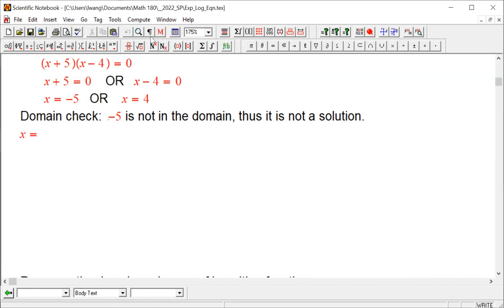But just because it's in the domain, it doesn't mean it is going to make the equation true. So we're going to check for x equals 4. It's in the domain, but that's not enough.